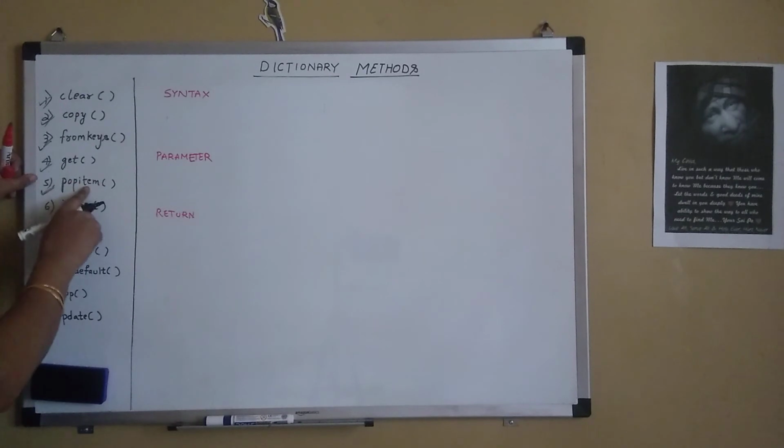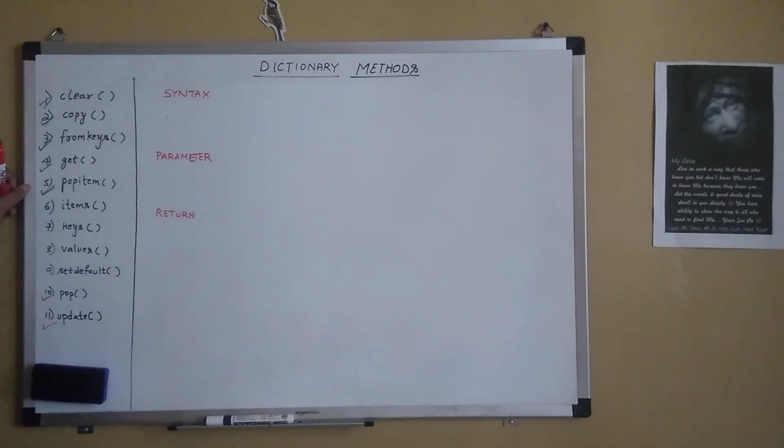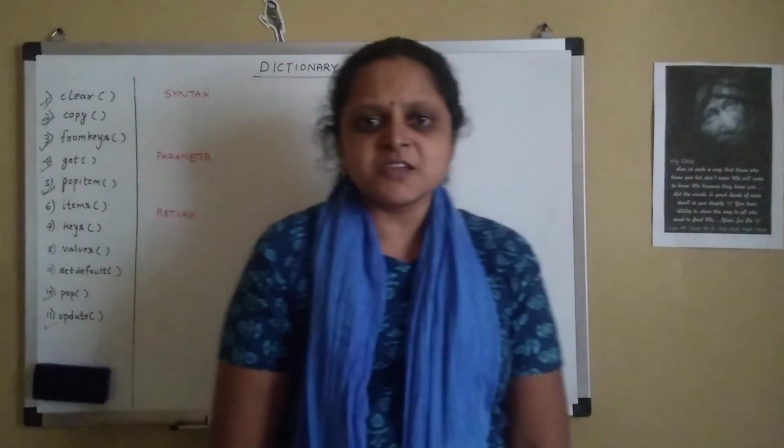And one more thing, after popping out, popitem removes that particular item from the dictionary. So these are the different methods, and items, keys, values, setdefault, let's look into them in the next session.